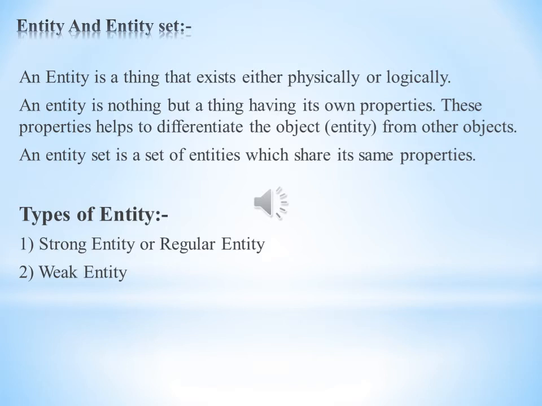An entity is nothing but a thing having its own properties. You can say an entity is an object. These properties help to differentiate the object or entity from other objects. An entity set is a set of entities which share the same properties.